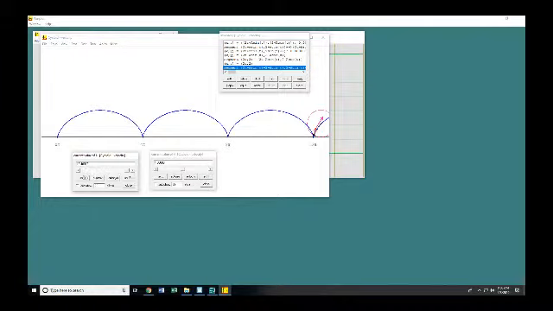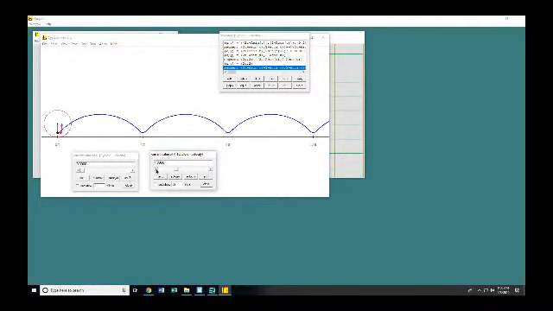Kind of funky, isn't it? This cycloid just happens to be pretty standard. But we can change it. This has a radius of 2, I believe.